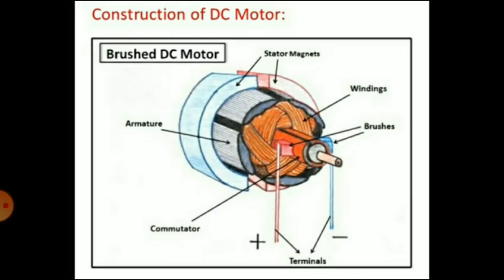So you can see the construction of a DC motor and its different parts. There are the stator magnets, then the armature, the winding, brushes, commutator, and the terminals. Terminals mean the power supply is given to the commutator by using the brushes, or the power supply is given to the armature winding.